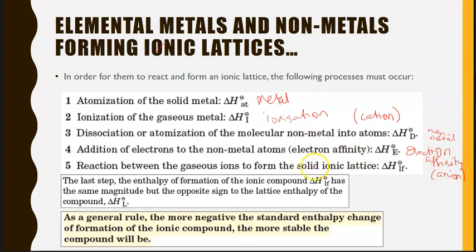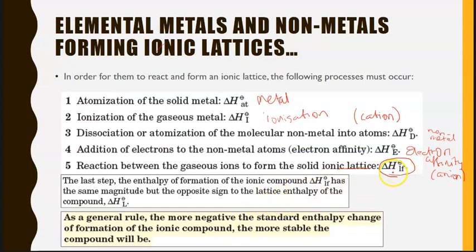Okay, then we're going to have these gaseous ions come together to form the solid ionic lattice. So this is the enthalpy of lattice formation that we have here. Okay, and remembering that going from the gas to the lattice is highly exothermic. So the last step, the enthalpy of formation of the lattice, has the same magnitude but opposite sign of the lattice enthalpy.